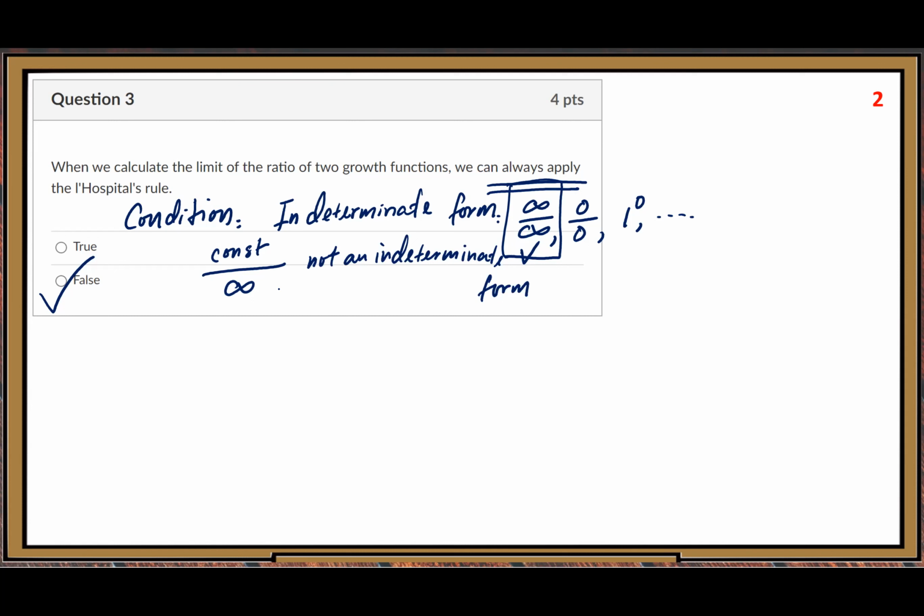Because we know its limit goes to 0. You do not need to use L'Hopital's rule in this situation. So then you can apply. All right, so that's the main point here.